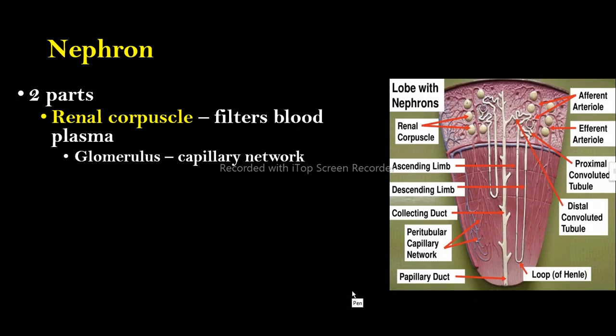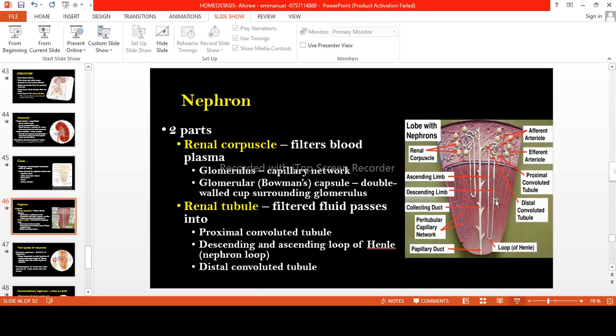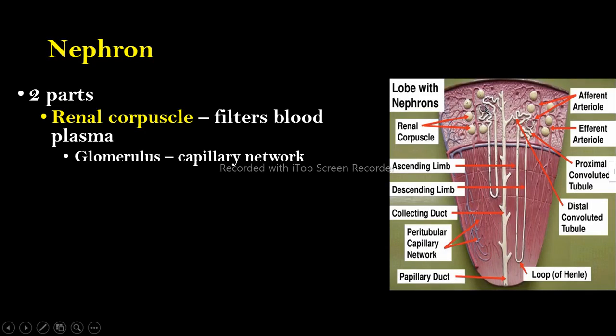So he named it after himself. So the renal capsule is made up of the Bowman's capsule and the glomerulus.